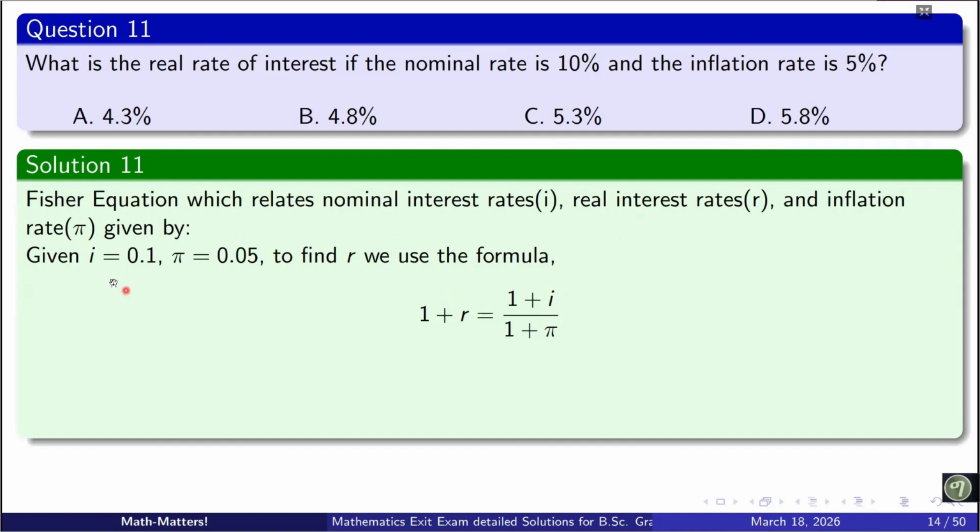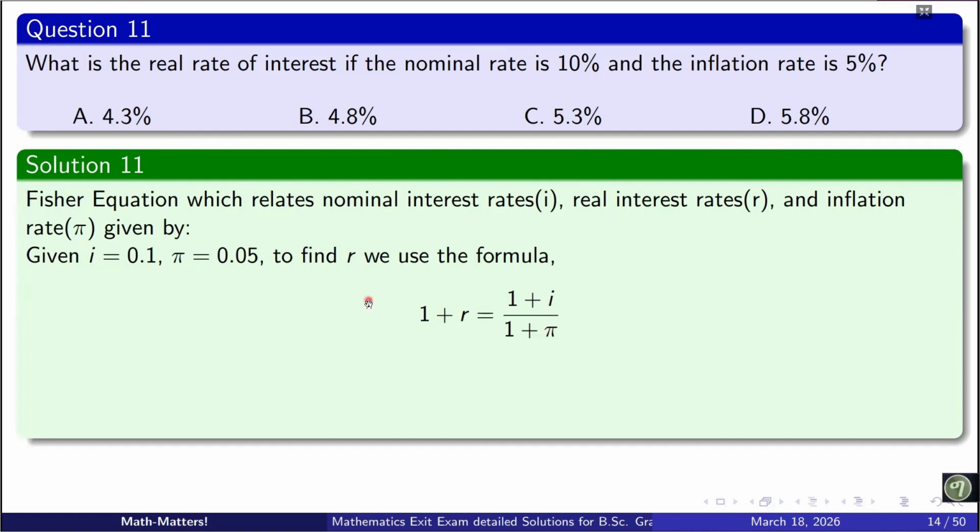What we are given here is the nominal interest rate of 0.1 or 10%. The inflation rate is 5%, which is 0.05. So in order to find r, the real interest rate, we use this formula: 1 plus r is equal to 1 plus i over 1 plus pi.